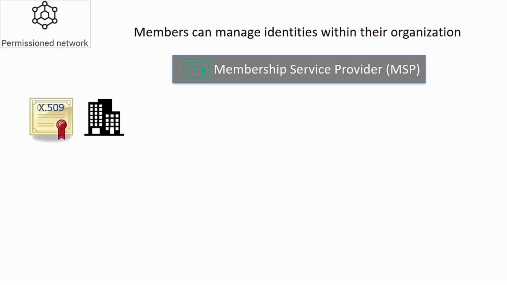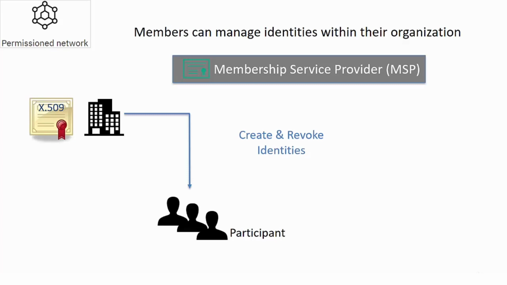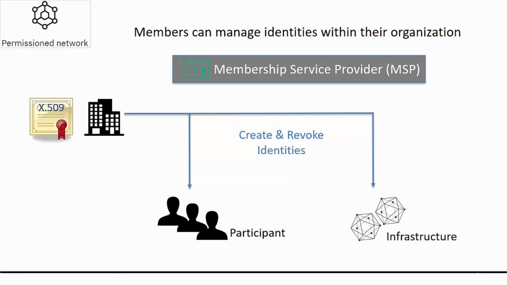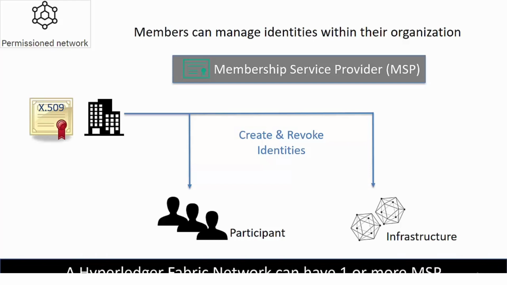So in other words, a member can create new participant certificates that associate the participants with the organization or the member by virtue of the certificate chain. Also, a member can create the certificate for their infrastructure components. As a result, the Hyperledger Fabric network can have one or more membership service provider components.